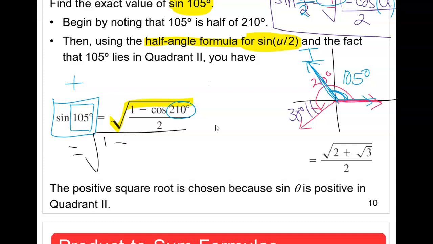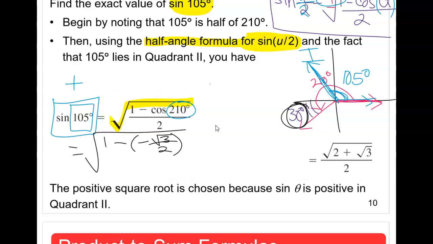Okay, so since we need the cosine of 210 degrees, we use the reference angle of 30, and the cosine in quadrant 3 is negative. So it's going to be negative square root of 3 over 2. Because the cosine of 30 is the square root of 3 over 2.